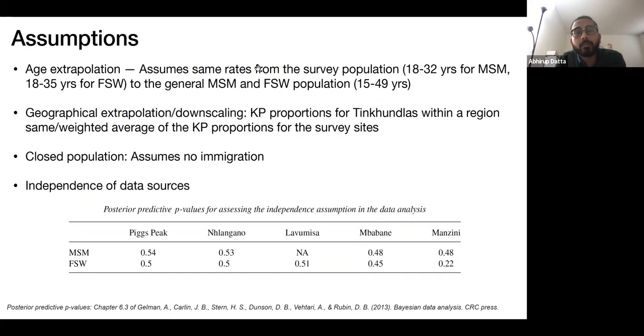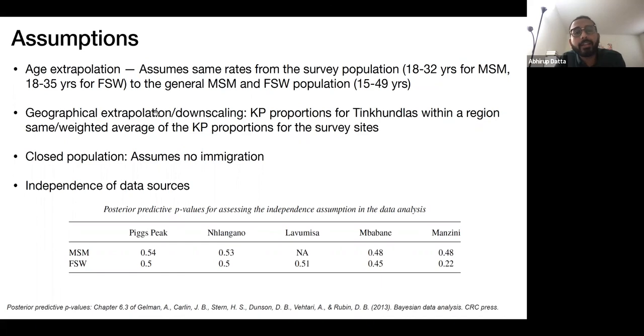But for female sex workers, it can potentially vary, but we have no other data to have an age-specific curve for these proportions. So we assumed it to be flat, and there is some literature which has said that it doesn't vary too much, but we don't know how accurate this assumption is, especially for FSW.